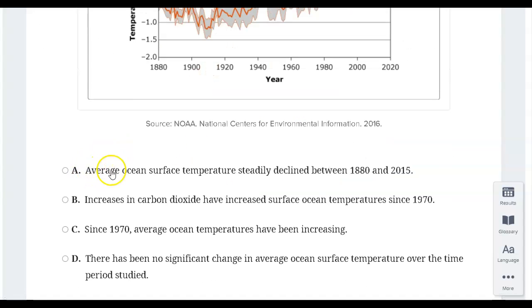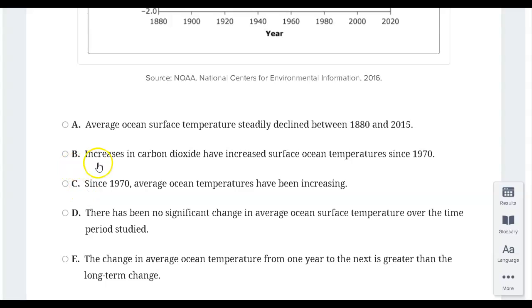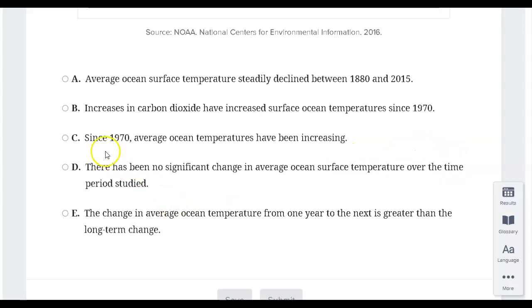The first one says average ocean surface temperatures steadily declined between 1880 and 2015. B says increases in carbon dioxide have increased surface ocean temperatures since 1970. C says in 1970, average ocean temperatures have been increasing.